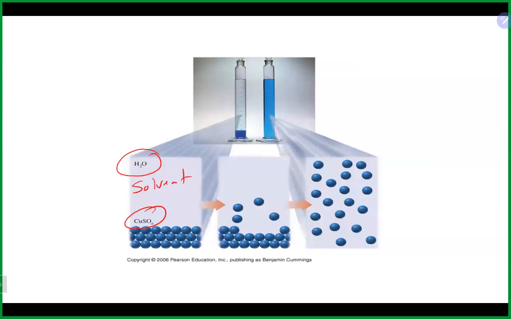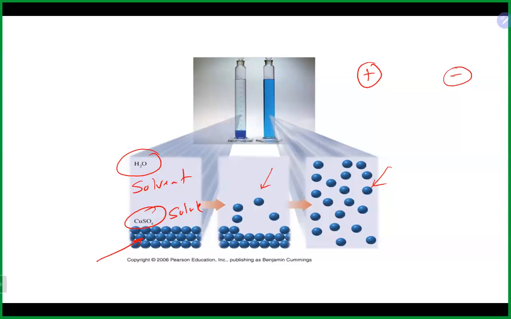Copper(II) sulfate is our solute. Obviously, before it dissolves, it's ionic compounds together. And as it starts to dissolve, we end up with a nice solution here of ions flying around. How does it dissolve? Well, in an ionic compound, we have positive ions and negative ions, which are our cations and anions.